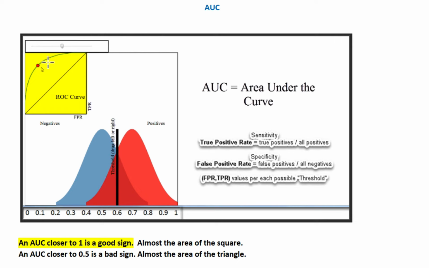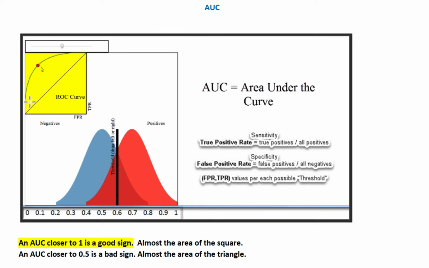The area under this curve is the AUC. As we saw in the previous examples, for a good classifier this curve is very close to the top left corner, so it's almost a square. The area under that curve is almost the square. So an AUC closer to 1 is a good sign. It's almost the area of the square.